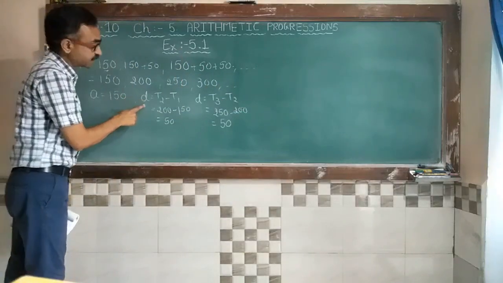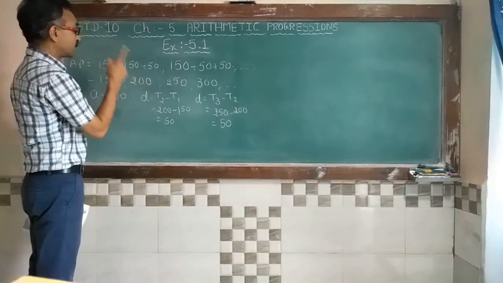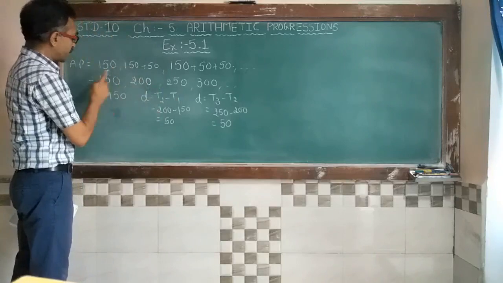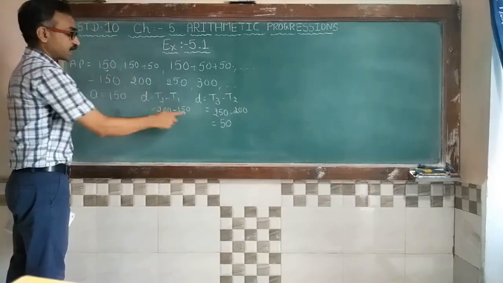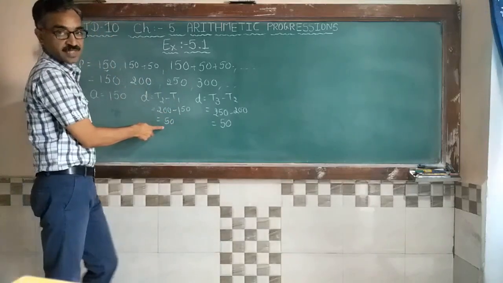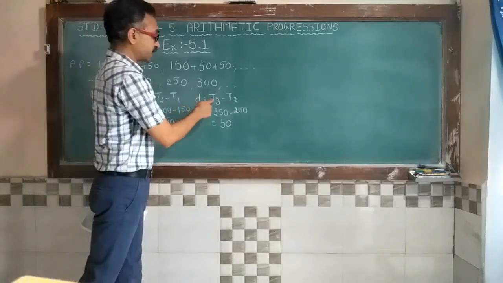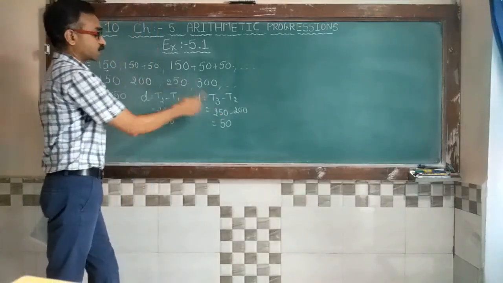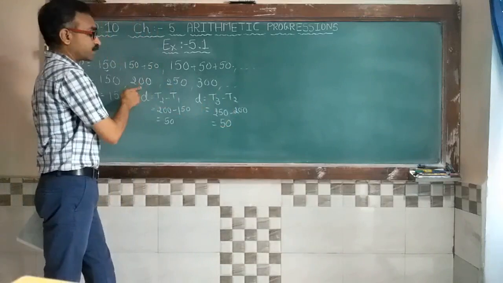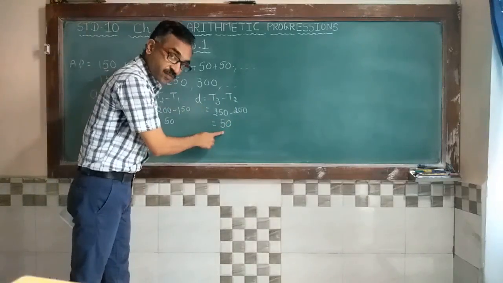D, common difference, is T2 minus T1. What is T2? 200 minus first term 150. So the difference is 50. Again D, T3 minus T2. Your third term is 250 minus second term 200. So D is 50.